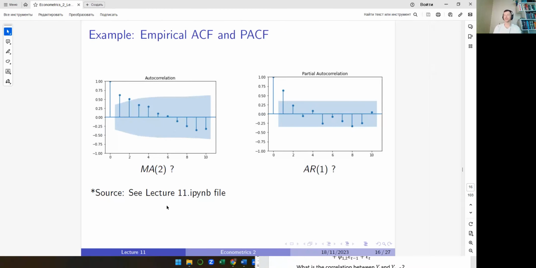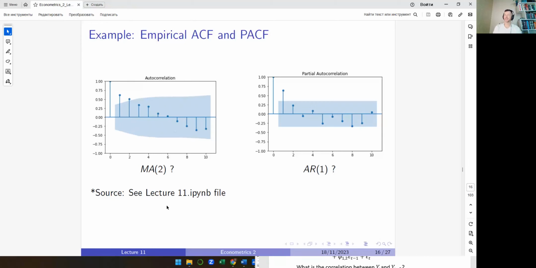Not every empirical time series would unambiguously suggest that this is unambiguously MA or unambiguously AR. Sometimes you would see something like this, and we need to choose between the two, which one suits us better, either the MA model or the AR model.